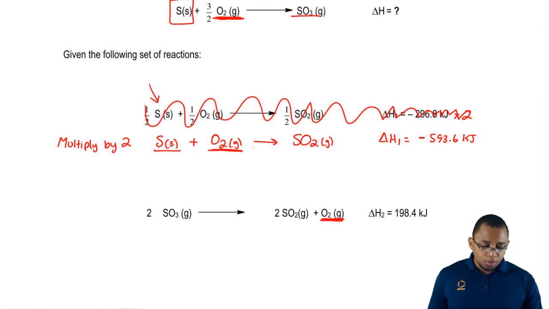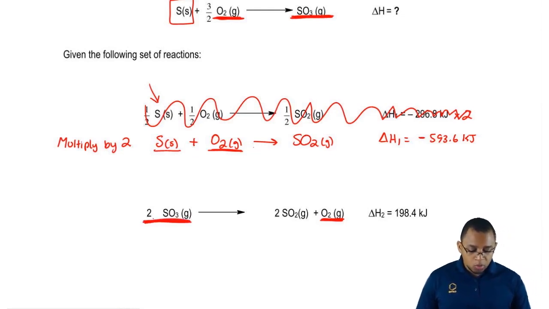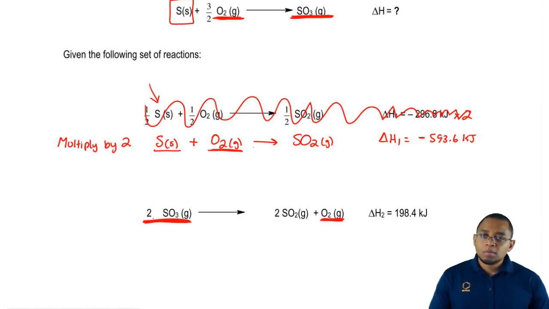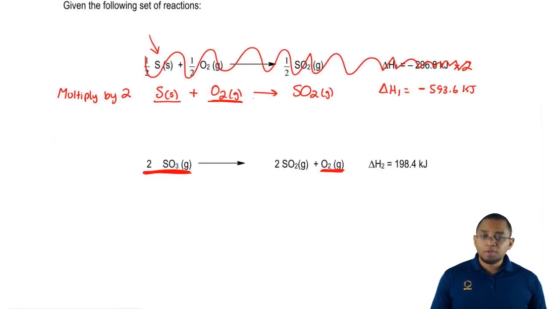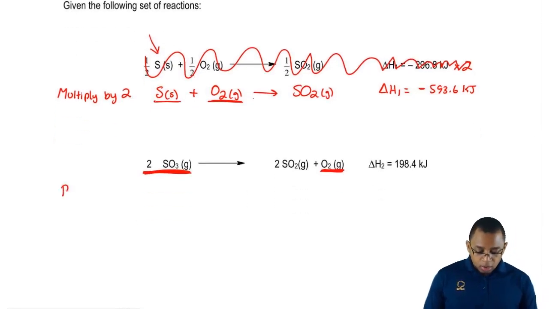Now we have SO3 as a product, and there's only 1 mole of it. Here we have SO3 down here, but there's 2 problems with it. 1, it's a reactant, but we need it to be a product. And 2, there's 2 moles of it. So what we're going to do first is reverse the reaction so that it's also a product just like up above.